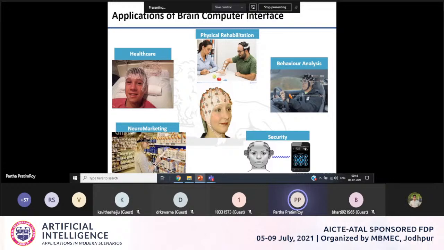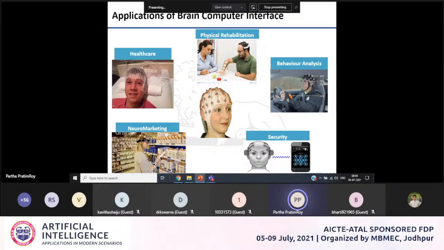If your hands or limbs are not functioning, using EEG signals we can understand what the person wants to do, whether he wants to move straight, right or left, and control accordingly. Similarly there are security authentications and others, and we will see some of these applications.